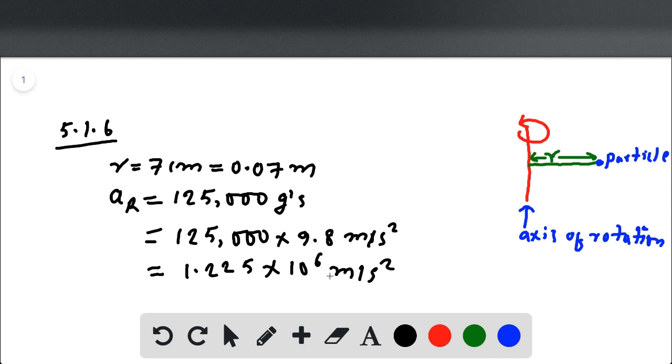So next, we want to find out the velocity from the relation between the centripetal acceleration and the linear velocity.